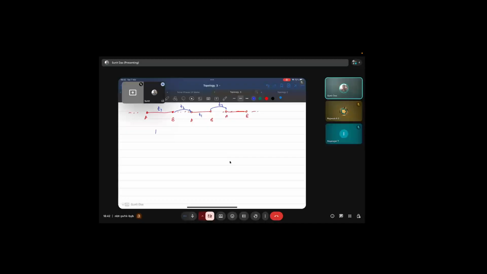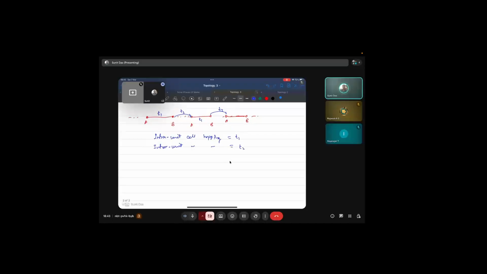So intra-unit cell hopping is equivalent to T1, and inter-unit cell hopping is T2. So the ratio of T1 by T2 or T2 by T1 is going to determine which case I am in, right?